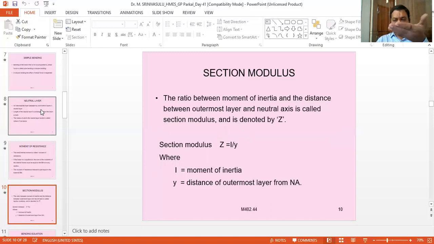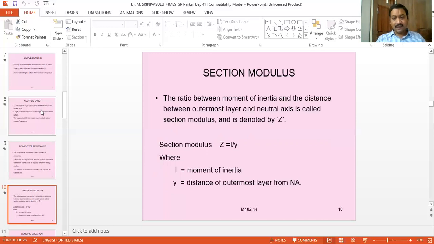So as I said, this is the beam, and this is the cross section of the beam, with the top layers and the bottom layers. Whenever it bends like this, this is the outermost layer, this is the innermost layer, and in between we have a neutral axis. The distance between the neutral axis and the outermost layer is y, and generally y is equal to half of the thickness. Suppose we have a depth of d, then for the rectangular section y is equal to d by 2.